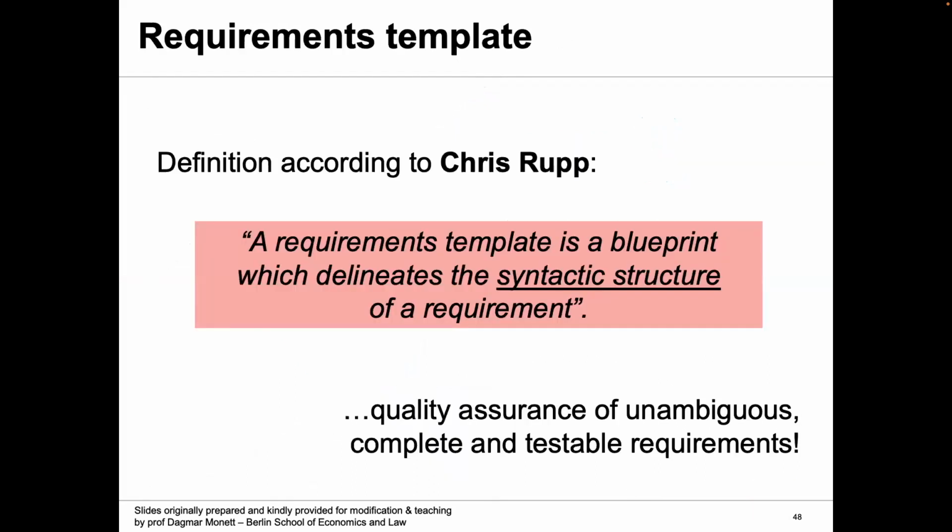According to Chris Rupp, this template is like a blueprint, so today you're going to learn the syntax of writing a good requirement.